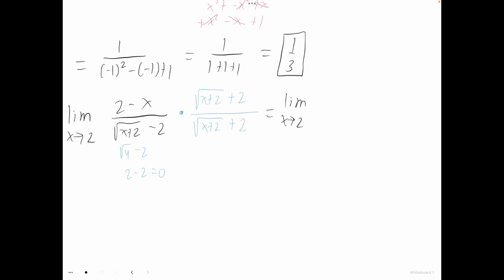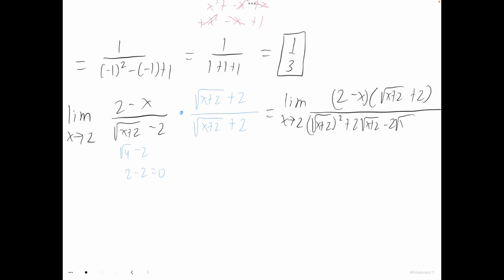And so we'll get the limit as x goes to 2 of 2 minus x times the square root of x plus 2 plus 2 on the top. Then on the bottom, just to reiterate, we're going to have the square root of x plus 2 all squared plus 2 square roots of x plus 2 minus 2 square roots of x plus 2 minus 4.